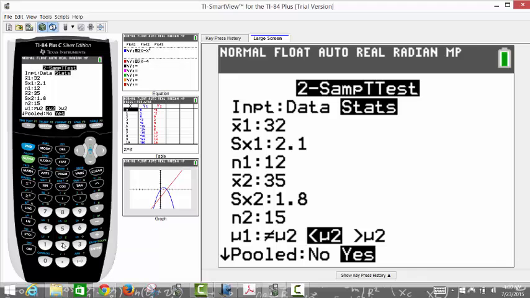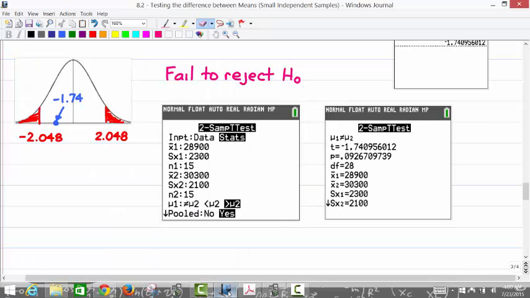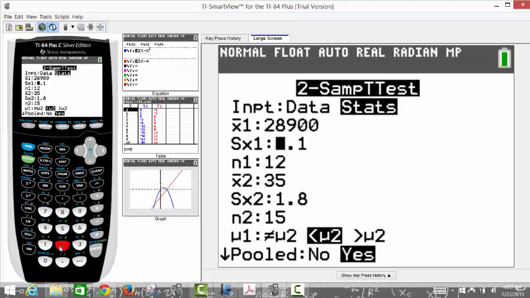28.9. Okay, and the ends are 15. I should know that.